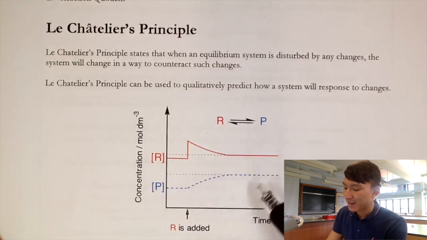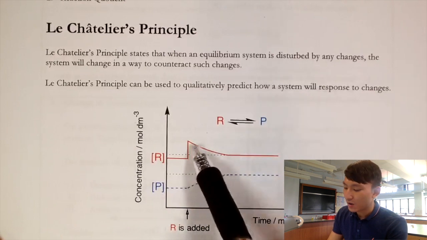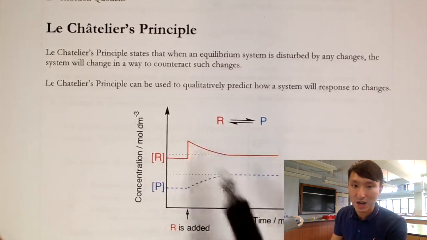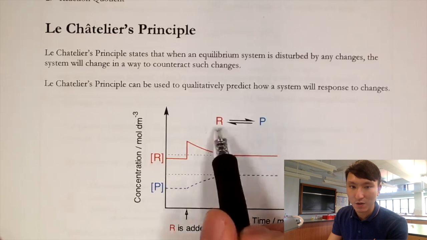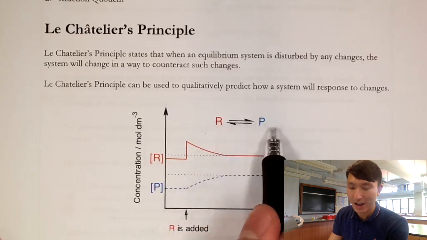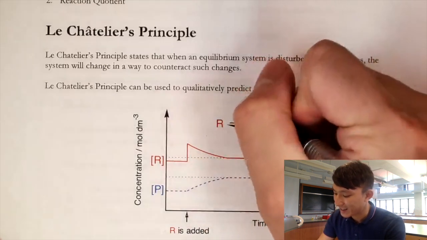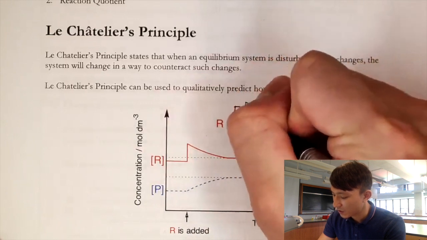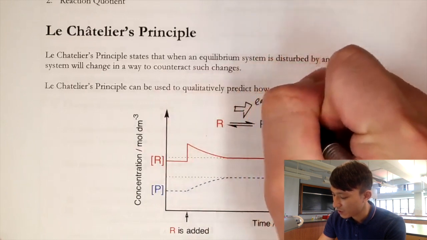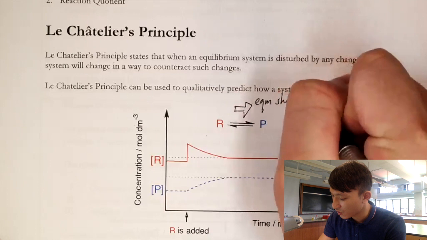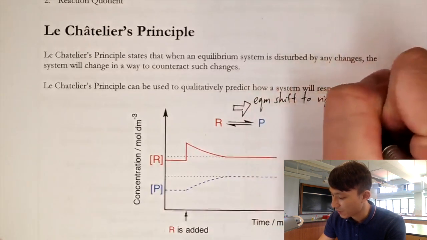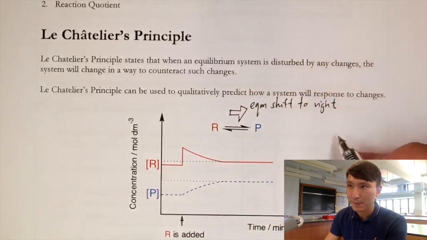So we say that after we add R, in order to consume the R, you must have a net forward reaction. So we would say that the equilibrium shifts to the right, or shifts to the product side, okay?